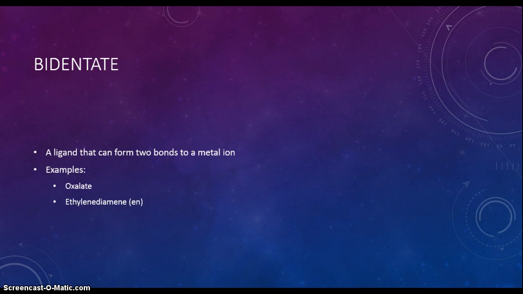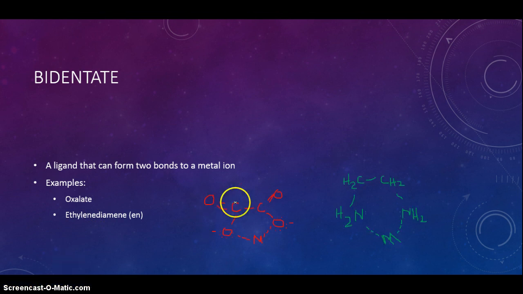A common one is ethylene diamine, abbreviated en, and that's just one type. Another type is oxalate. Here I drew oxalate in red, and in green ethylene diamine, and you can see here that the ligand can form 2 bonds to a metal ion.